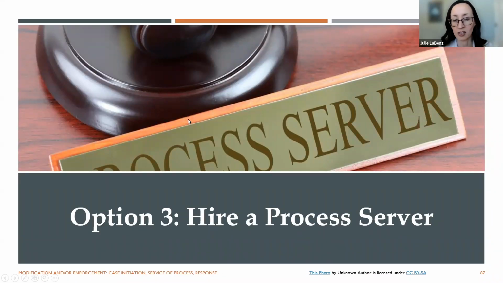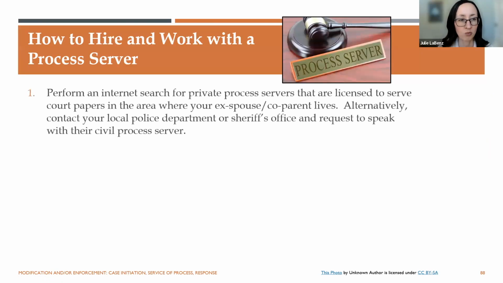All right, now if the acceptance of service isn't working for you, you tried certified mail and they just ignored it, didn't sign it, refused it, then you can look into hiring a process server, or maybe you go to this option first, depending on your situation. To hire and work with a process server, find a process server in the area where the person you're going to serve is.